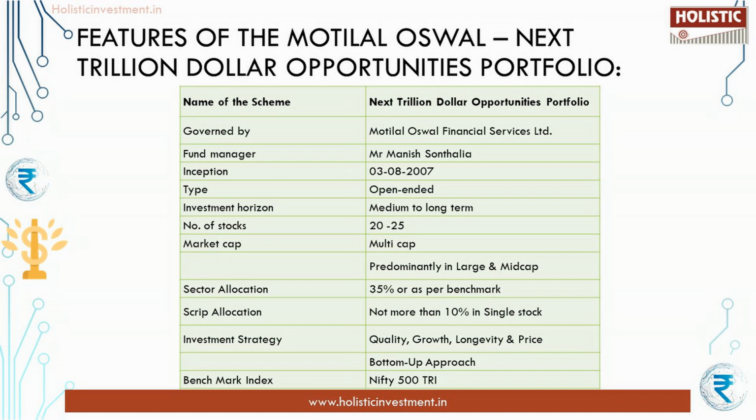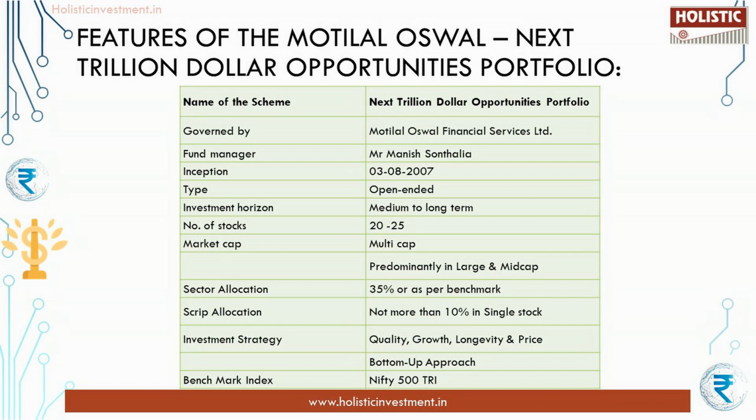The table here shows the features. From an investor's point of view, the minimum investment required probably is the one to be first considered before all other features. It is not only Motilal Oswal Next $1 Trillion Opportunities Portfolio, but all AIFs require a minimum of rupees 1 crore investment, which makes it obvious that these kinds of funds are only for high net worth individuals.